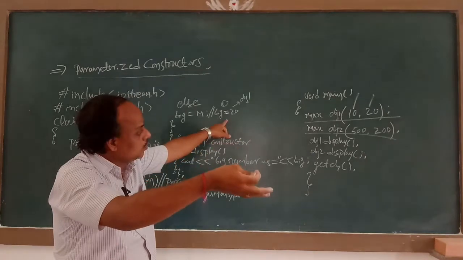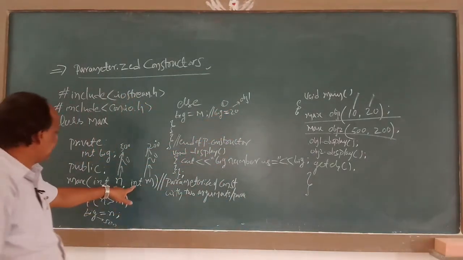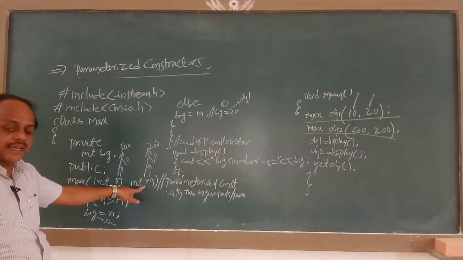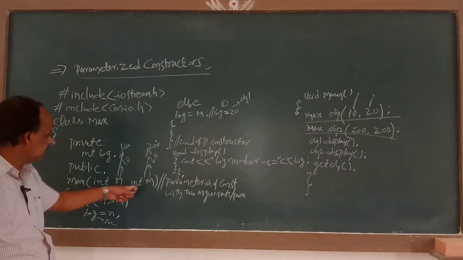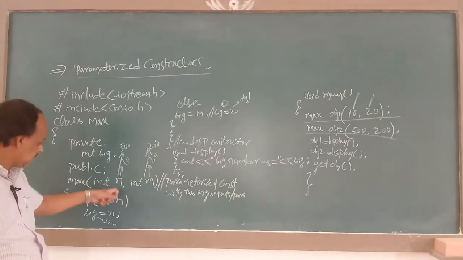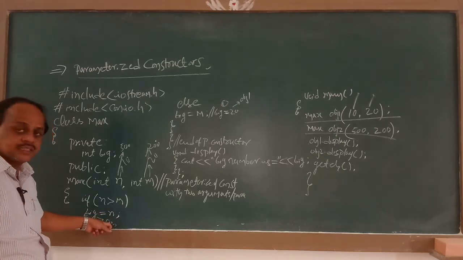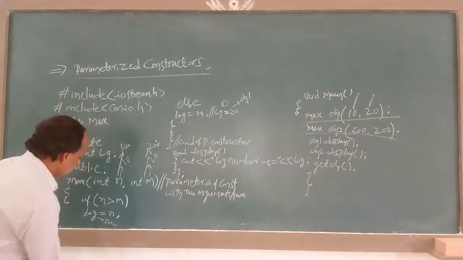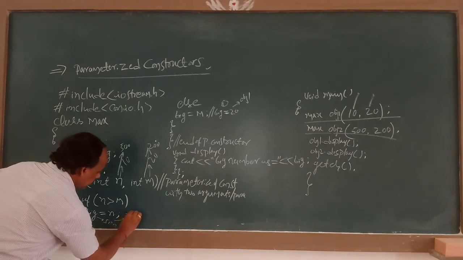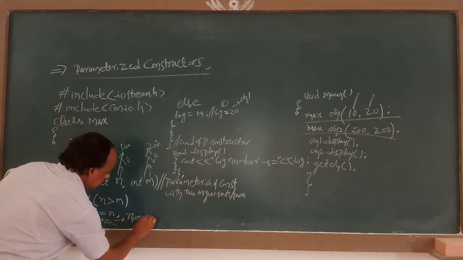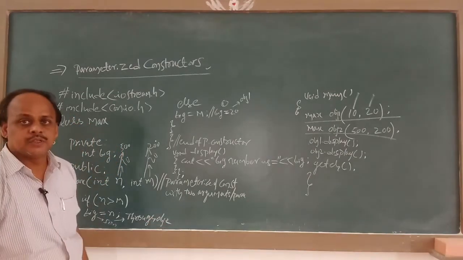For the second object, 500 and 200 are assigned to n and m respectively. Among 500, 200, 500 is big, therefore big is equal to n, that is 500 is stored through object 2.